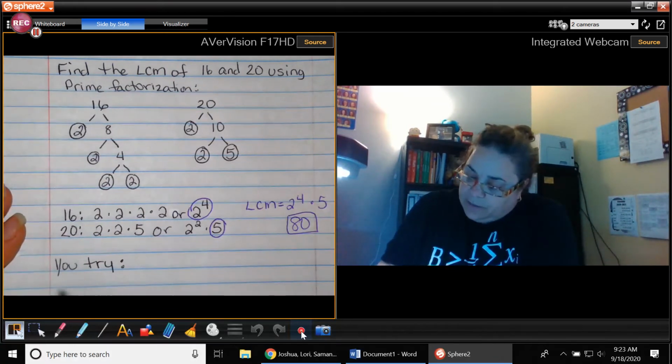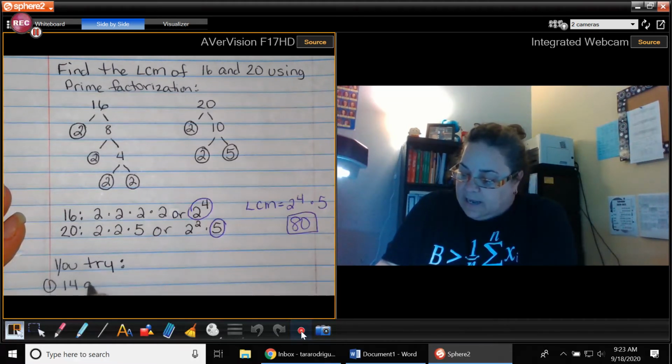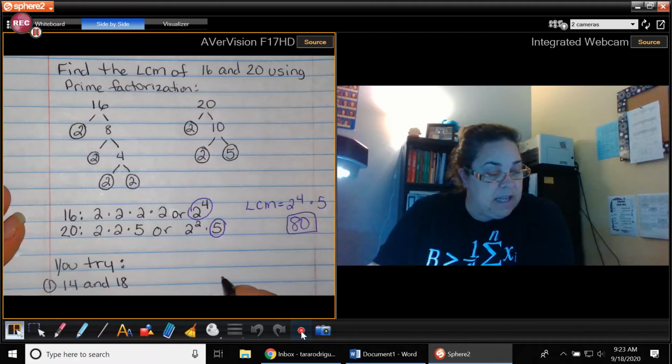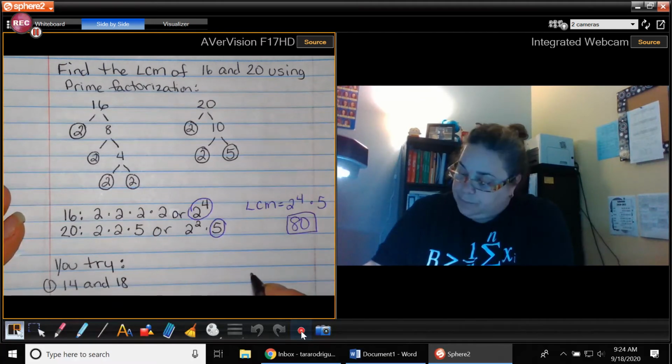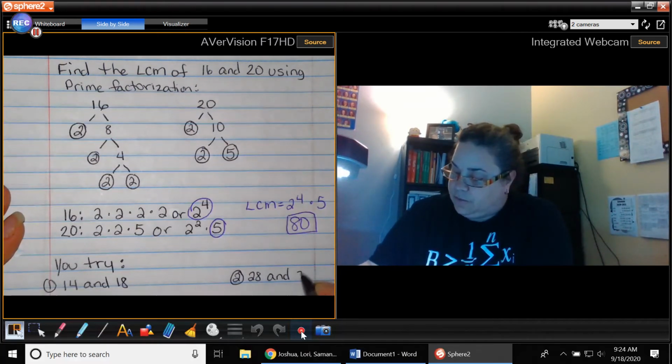We're going to go with number 1 is going to be 14 and 18. Remember, you're using prime factorization. And then for number 2, we're going to use 28 and 36.